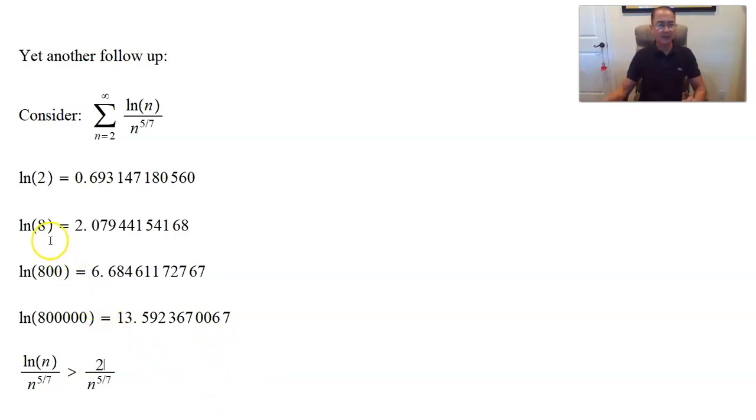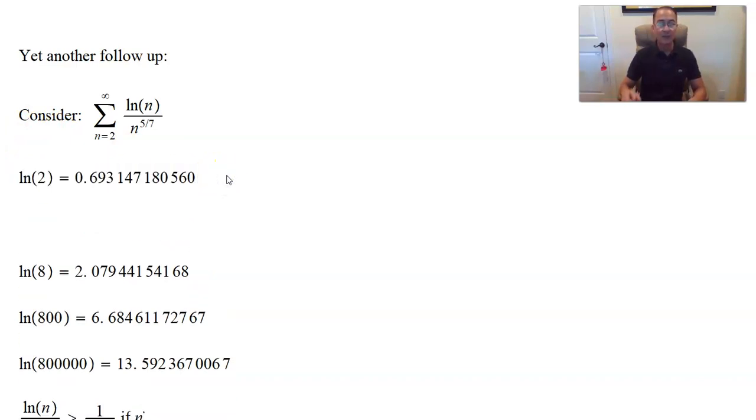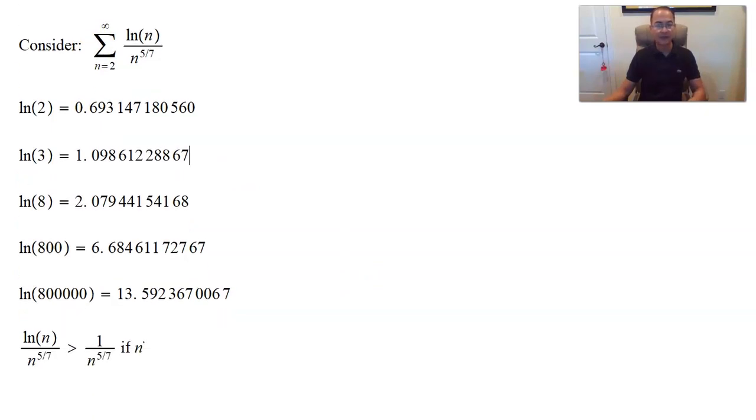But you have to start at n equals 7. So no, let's keep it 1. ln of n is bigger than 1 if n is at least, let's check, when will ln be 1? Well, ln of e is 1. So I think if you are at least 3, then you will be 1 something. What is ln of 3? There you go, 1 something. So that is true if n is at least 3.